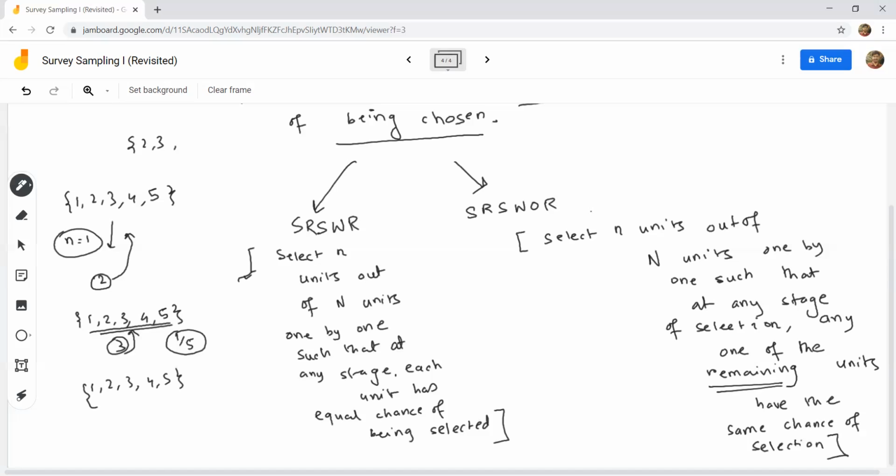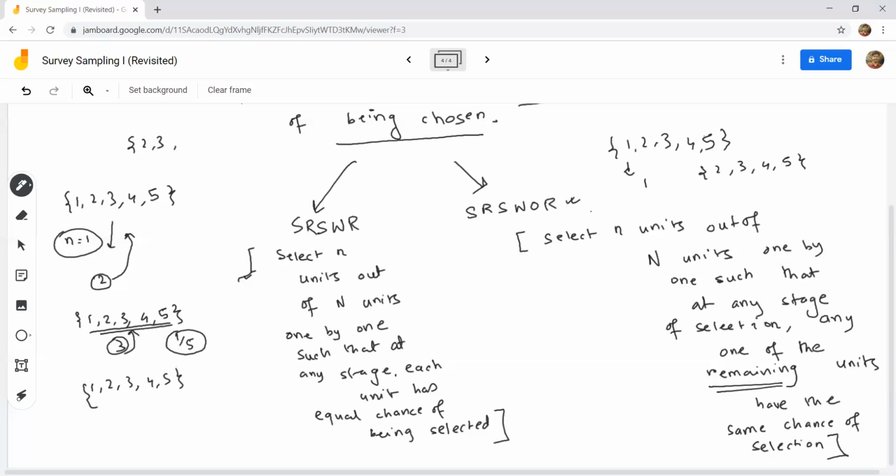So as we were saying in the previous slide, after say 1, 2, 3, 4, 5, suppose I choose 1. So now in this population, we are left with 2, 3, 4, 5. Now it should happen that the probability of choosing 2, 3, 4, or 5 out of this population should be equal, right? So this is the idea of SRSWOR.